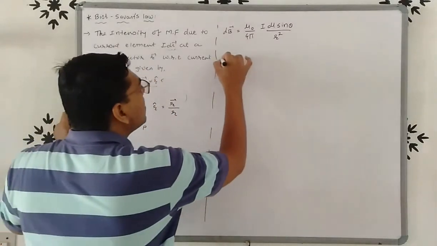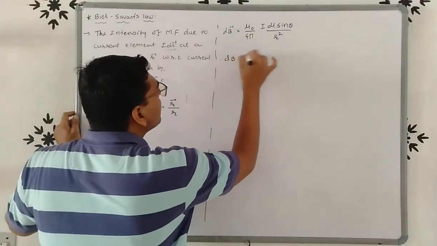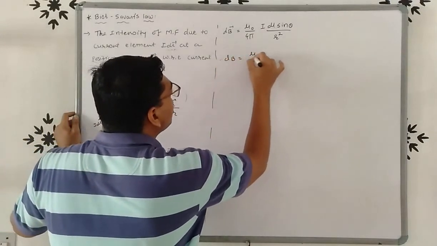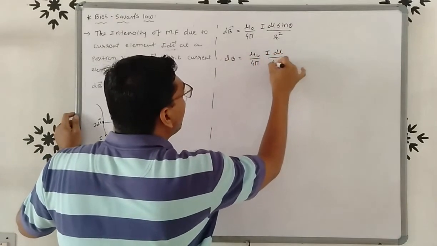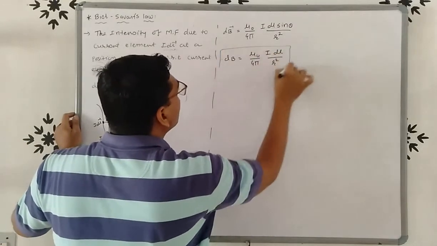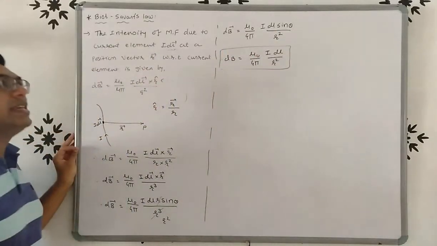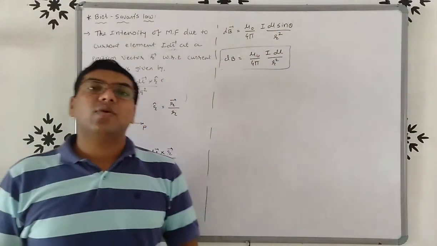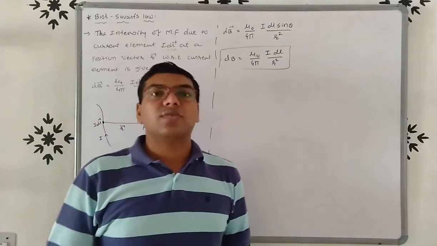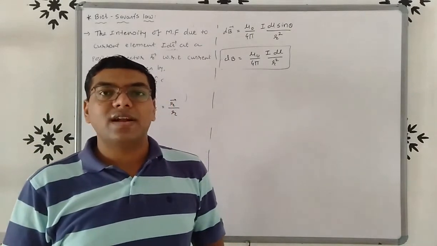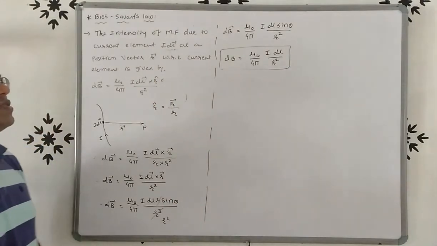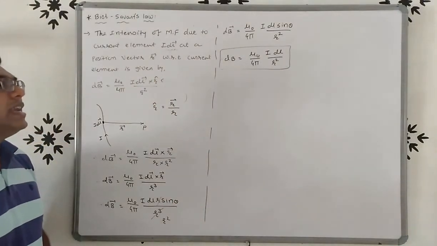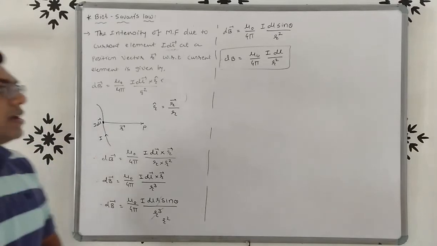So the maximum intensity of this magnetic field is given by μ0 by 4π, Idl upon r square, because sin 90 is 1, that is the maximum value of sine, right?